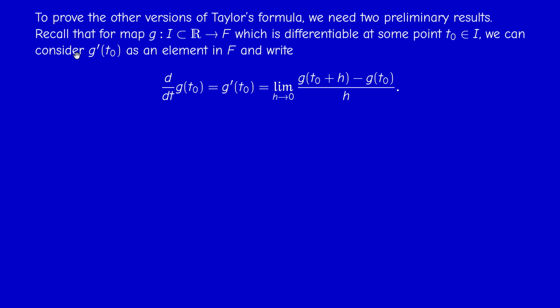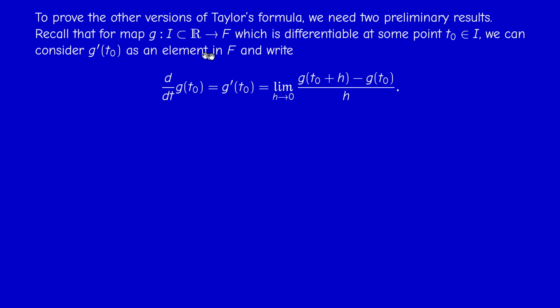So we can think of g prime of t0 as an element in F rather than a linear map from R to F, because a linear map from R to F can be identified with an element of F, as you know. Okay, so here we have the familiar definition or way of looking at derivatives.